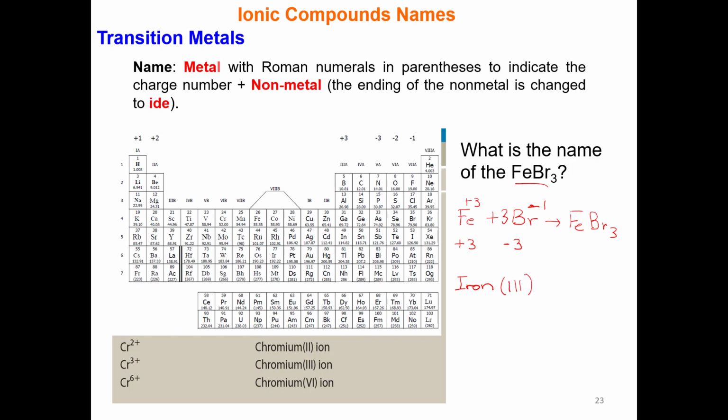Yes, iron(III). And then the name of the non-metal, but we change the termination to -ide. And then this will be iron(III) bromide. Yes, this will be the name of this compound.